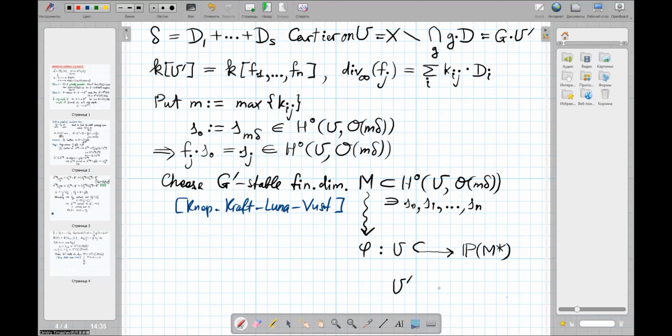And this means that U prime is mapped to an affine chart of this projective space, defined by non-vanishing of the section S naught, now viewed as the coordinate function on M star.